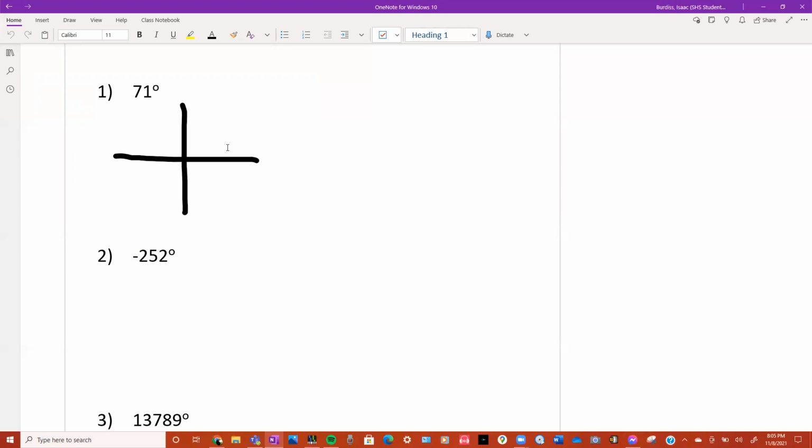What should be said is that these are all going to be in standard position. That's where the initial side is. We know this would be 90 degrees, so it's got to be a little bit less than that. And it's positive, so that makes sense. It's going to be like this, and you need to show an arrow that's counterclockwise to know that's what it is.